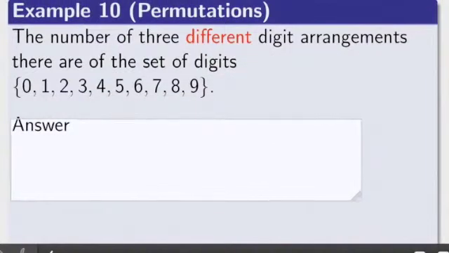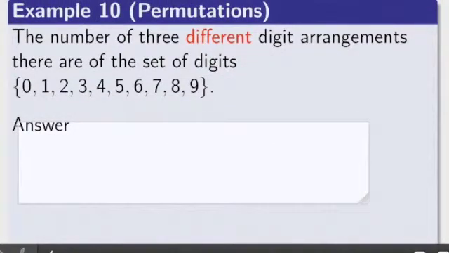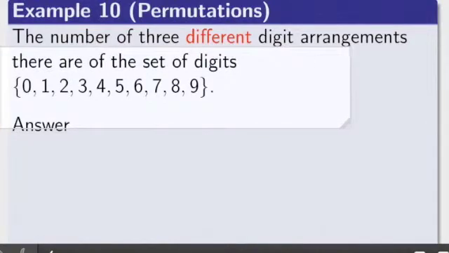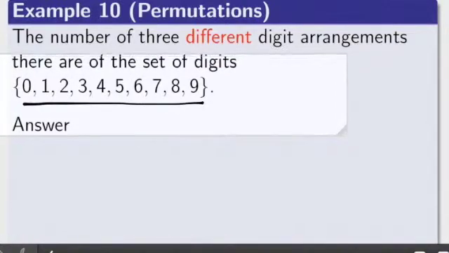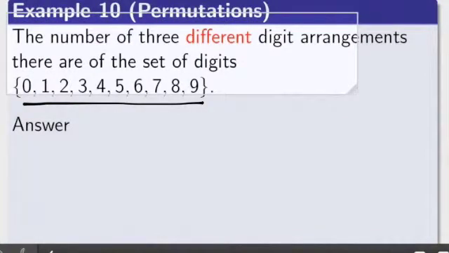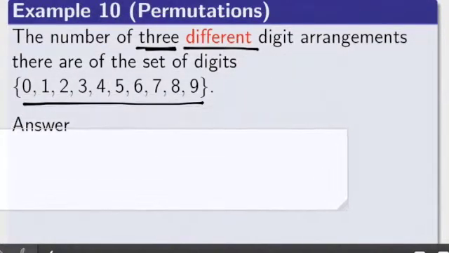Example 10, the number of 3 different digit arrangements there are of the set of digits 0 to 9. So in total, we have 10 digits in this set, and we are after 3 digit arrangements. And these 3 digits ought to be different.